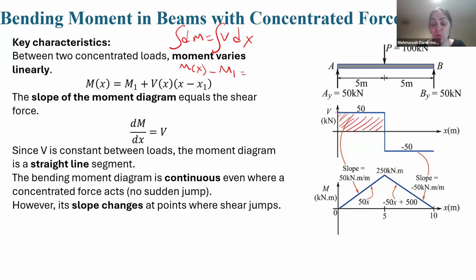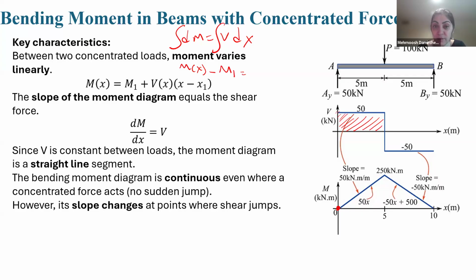Again, for the bending moment, if we have simple support reactions, we talk about that, not clamp. M starts from 0 and reaches 0. But if we have a clamp support, the story will change. It depends on the moment that the clamp can tolerate. Okay, so for simple support, the moment starts from 0.